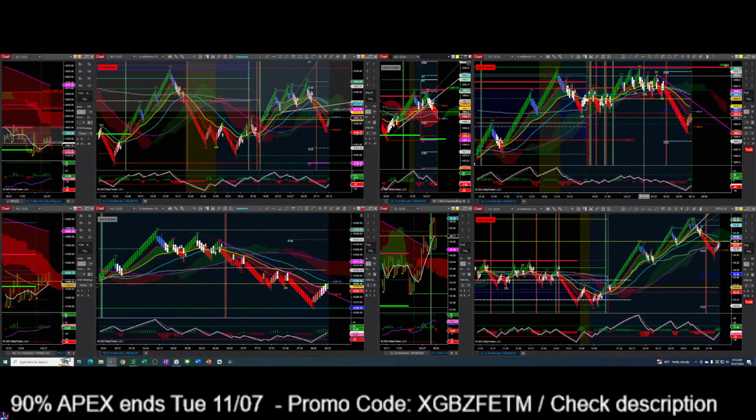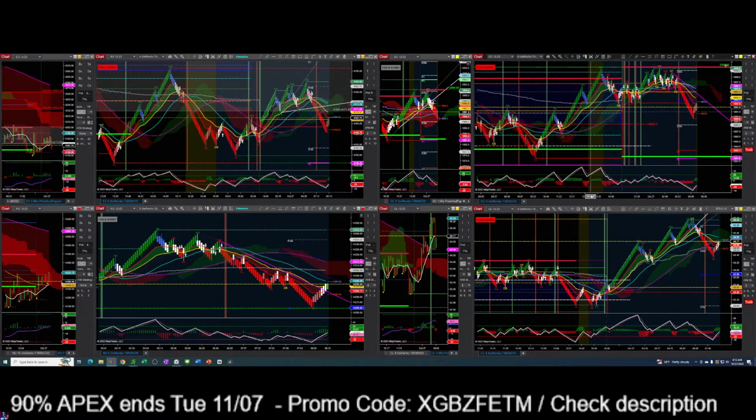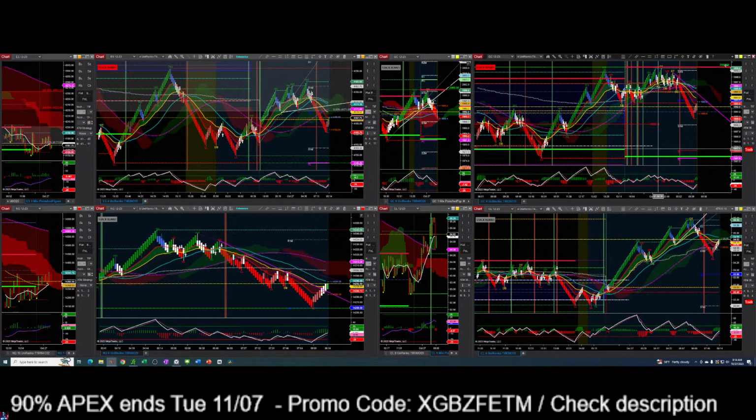In this one here, you see that it's coming back down, retracing. So taking a trade at this point to the downside is actually going in the direction of the 240 minutes, but it's at support. So that's that.